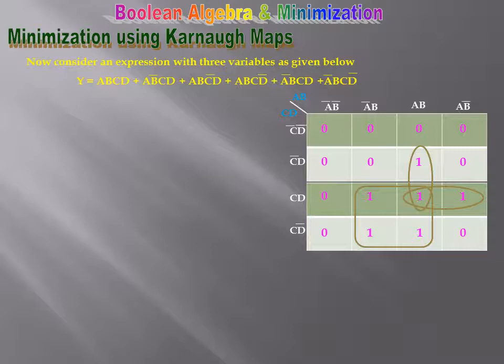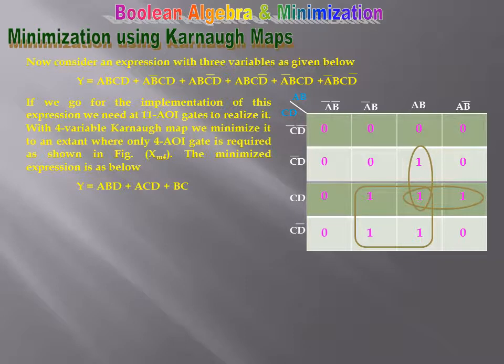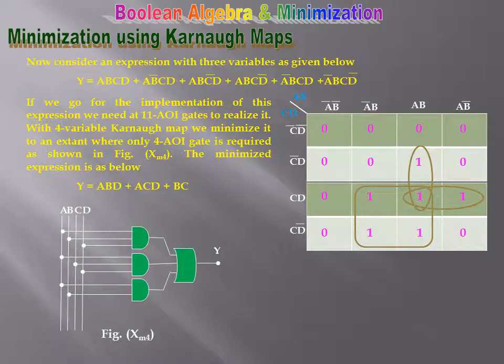So if we see the solution, for the chord it is BC, for one pair it is ABD, for the other pair it is ACD. Here we can simply get a circuit to implement this, the simple solution. Now let's move forward.